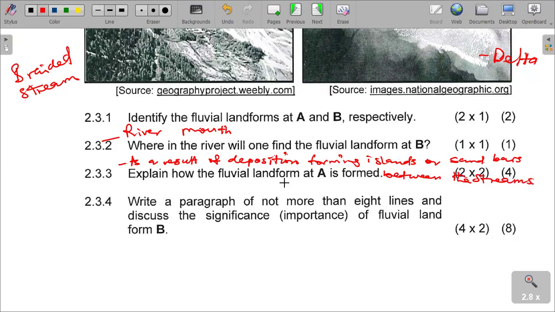And then this happens when the river's carrying capacity is exceeded.